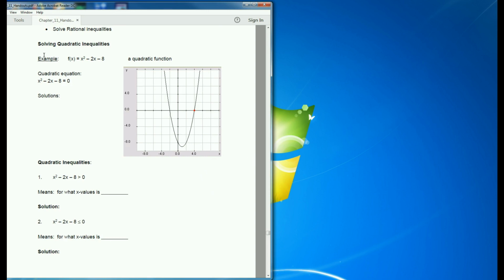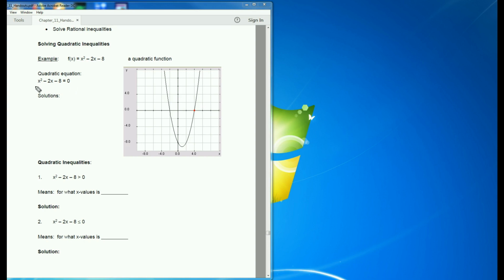Okay, so here is a quadratic function, f of x equals x squared minus 2x minus 8. If I set that function equal to 0 right here, then I get the quadratic equation, x squared minus 2x minus 8 equals 0. Or in other words, what x values, if I put them in here, give a function value that is equal to 0.